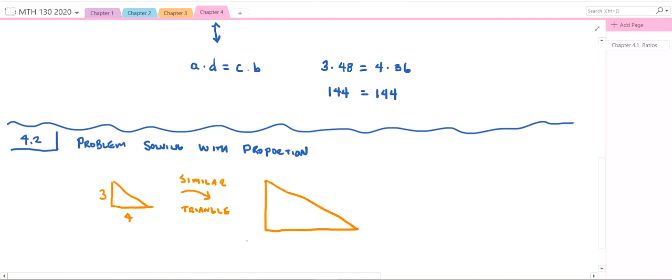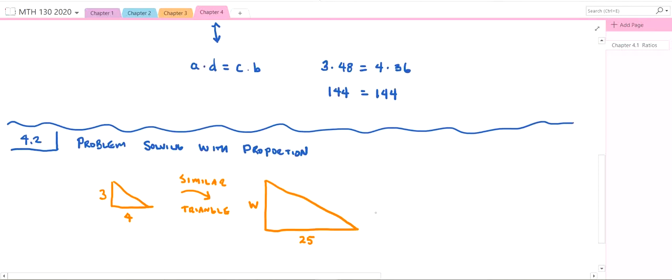And if that's the case, say I've grown this in size so that the bottom length is 25, what then does this height grow to match up proportionally with that triangle, or for those triangles to be similar triangles?